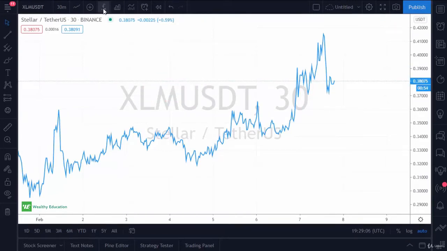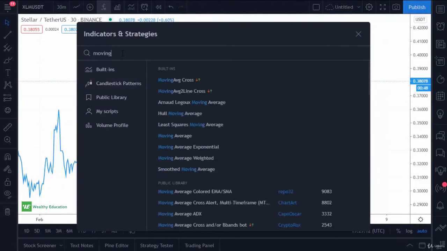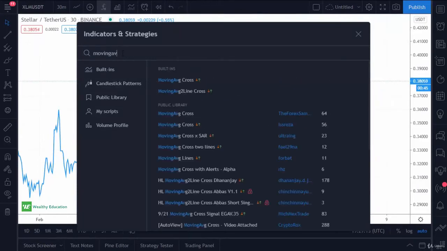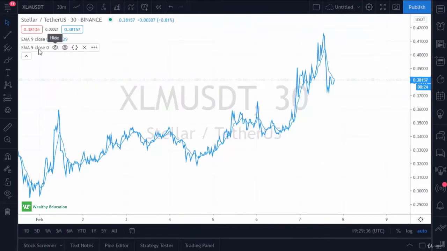So setting them up, pretty simple. You go to the indicators and strategies, and you can type in moving average, and you can see there's a ton of them, but we're just going to worry about moving average and moving average exponential. So for shorter time frame trading, you tend to want exponential just because it's a little quicker to move.